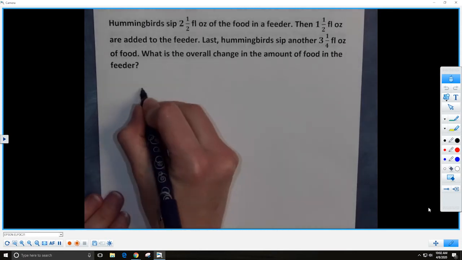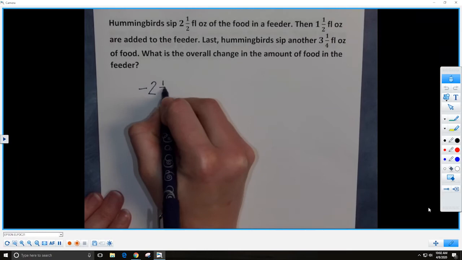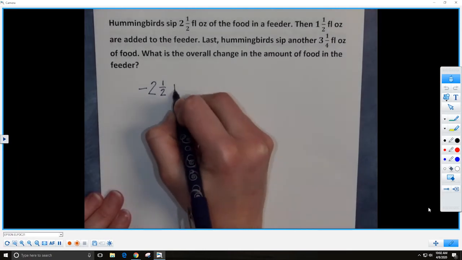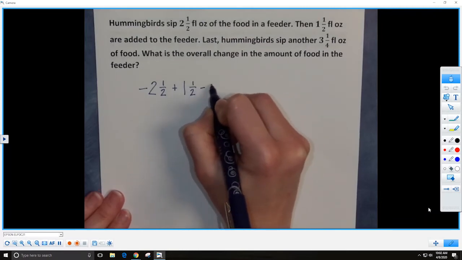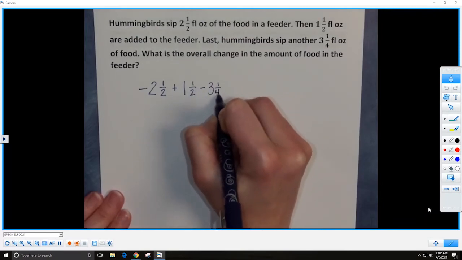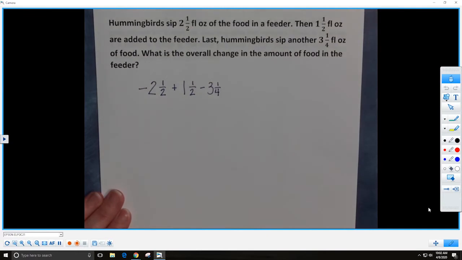Did you get -2 1/2 plus 1 1/2 minus 3 1/4? I hope so.